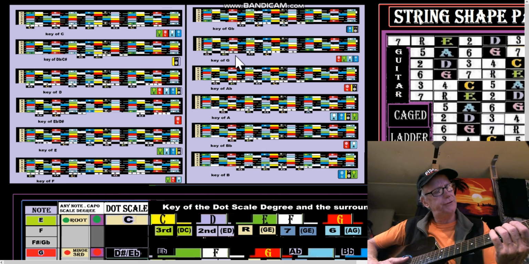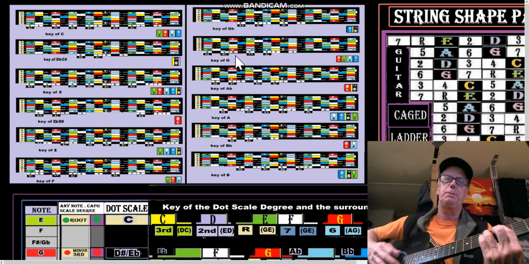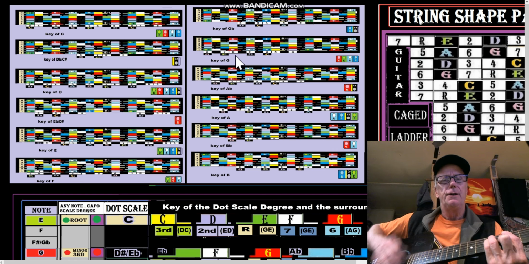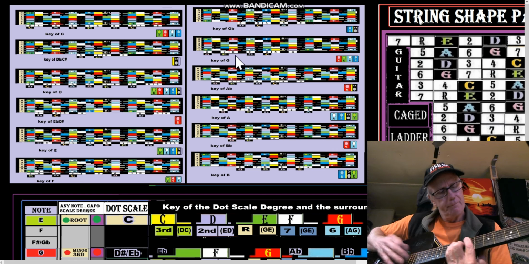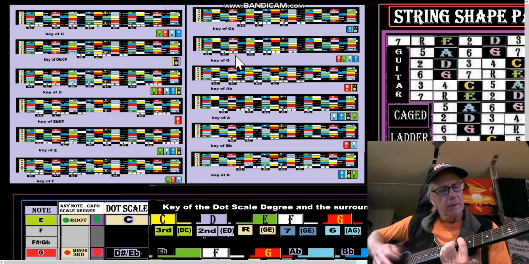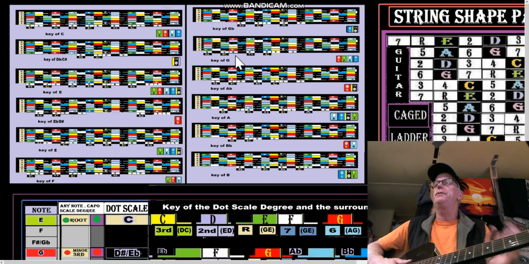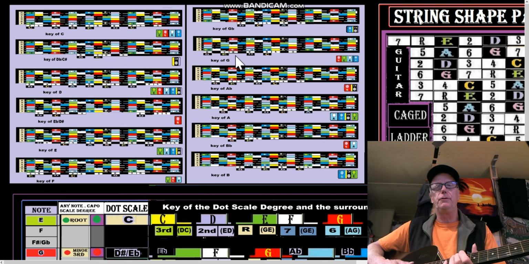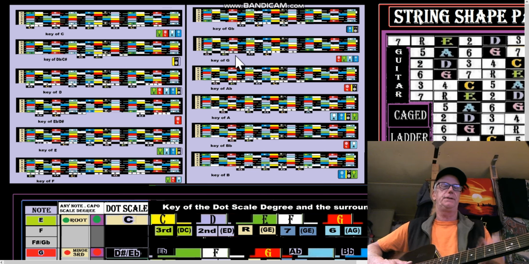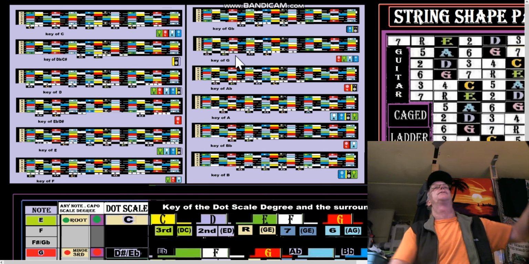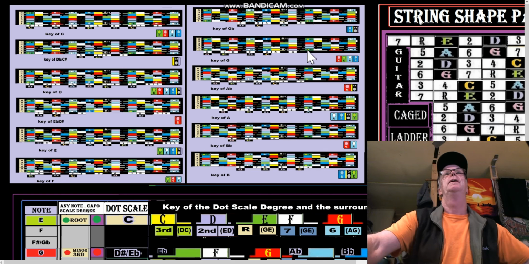Well, that's G. Okay. Why don't I just play an E-shaped G there? There's more to it than that. Oh, what was I thinking? What was my dot rule before? I forgot. Well, I did this for 3 days. I did dots, and I came up with the dot scale.